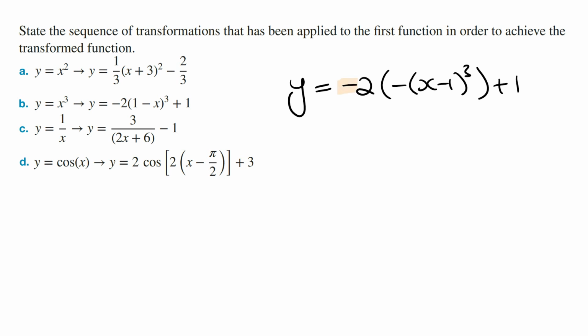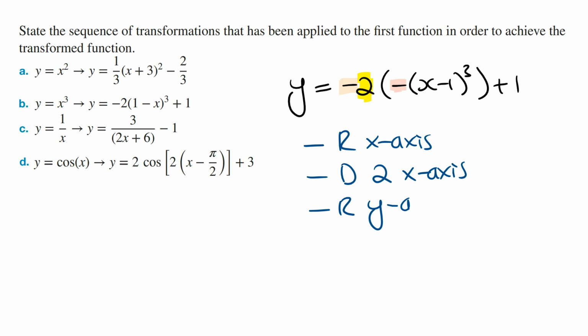The minus here is going to reflect the original function in the x-axis. The 2 is going to dilate the original function by a factor of 2 from the x-axis. The minus here, which is inside the brackets, is going to reflect the function in the y-axis.